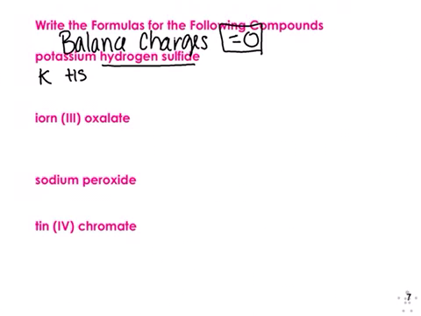HS, isn't it? HS with a minus sign. So that minus sign indicates the charge on that whole polyatomic. So then to figure out the charge on your cation, or potassium in this case, you need to look at the periodic table. What is the charge on potassium? +1. So we have a positive one and a negative one. That balances out to 0. So then our overall answer here is KHS.